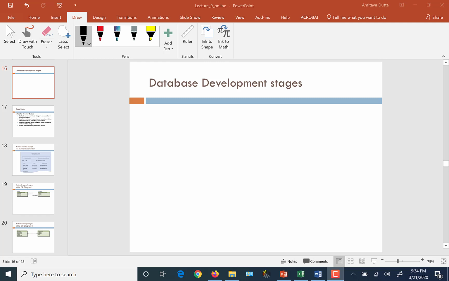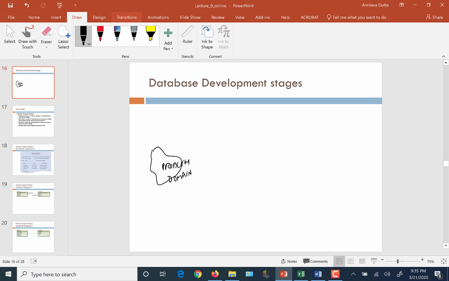Okay, let's remind ourselves about the different stages of database development, and then we will continue with our current tutorial. So just as a reminder, there is a problem setting, a problem domain, for which we want to develop a database.